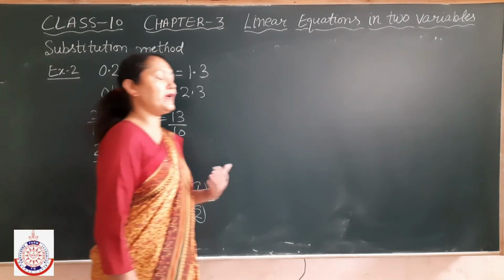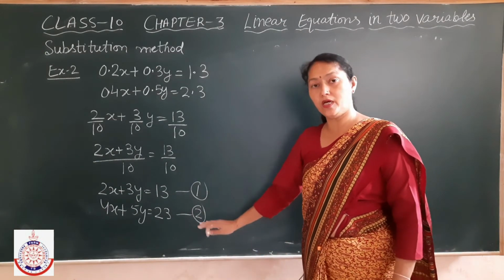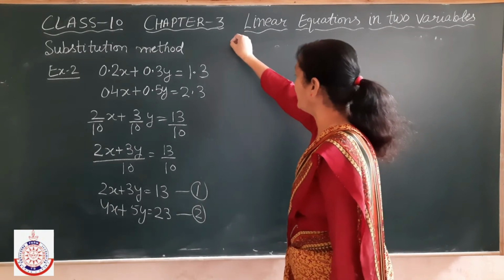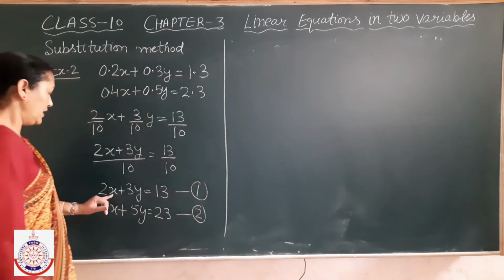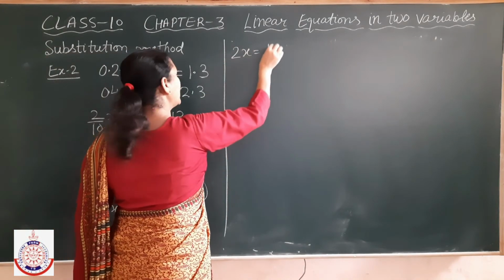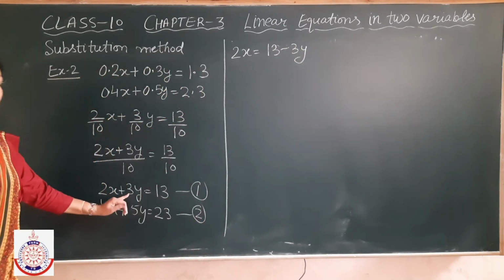Now it is given that we have to solve these equations using the substitution method. Select any of the equations. Suppose I take the first equation. From the first equation, I will get the value of one variable, say x. So I have 2x equals 13 minus 3y. I have shifted 3y to that side.